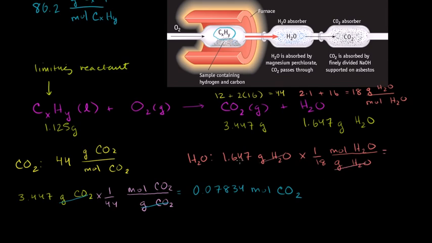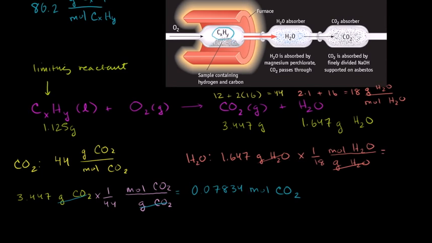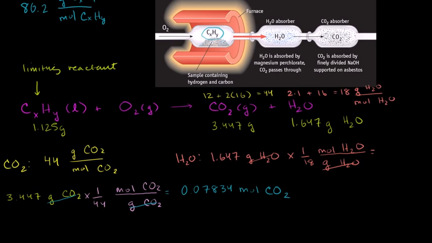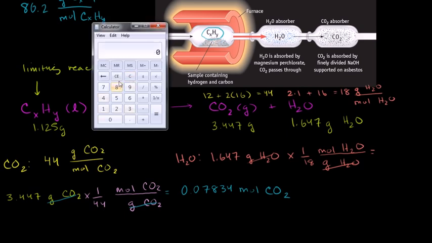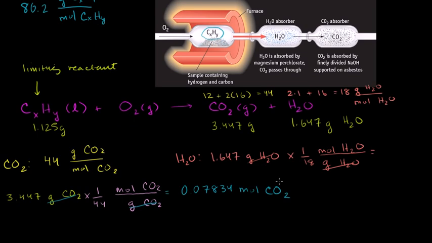So we're left with 1.647 divided by 18 moles of H2O. Let me scroll over a little bit and get the calculator out. And so we have 1.647 divided by 18, which is 0.0915. So we have 0.0915 moles of H2O.